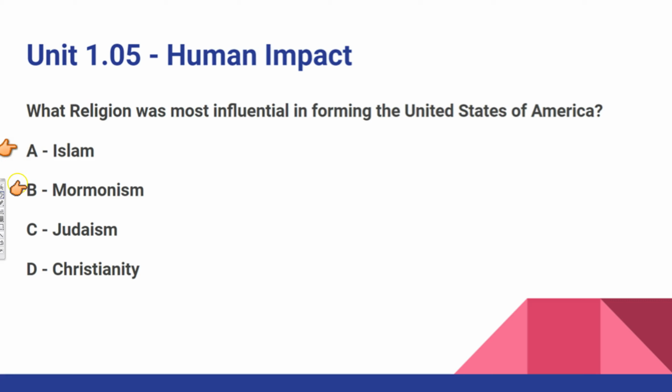Was it A, Islam, B, Mormonism, C, Judaism, or D, Christianity? So think about that. We're talking about the forming of the United States. And if you don't want to put down on the poll, I'm going to give you access to your writing tools, so if you'd like to, just circle the one you think it is. You should have access now to do that. You can circle which one you think it is, or box it, that kind of thing.